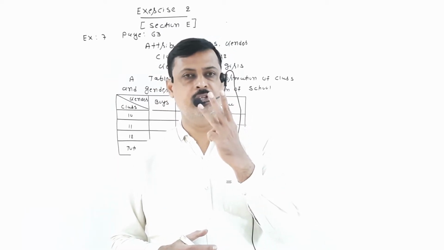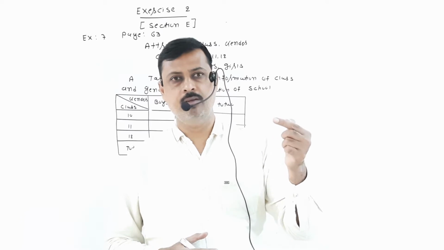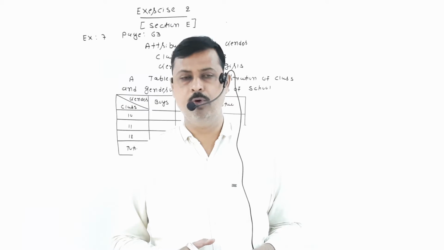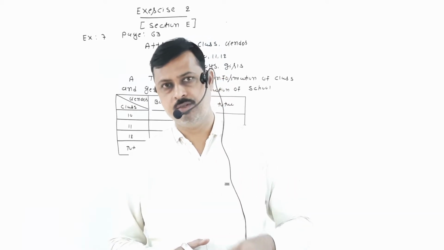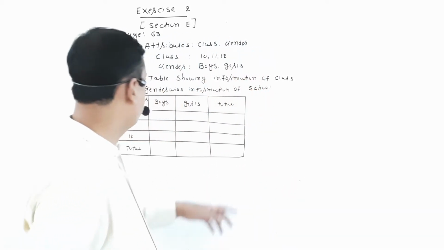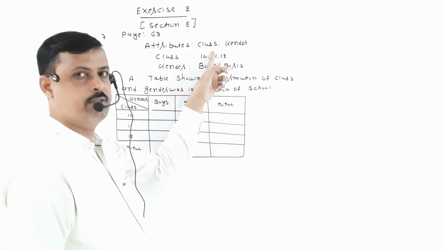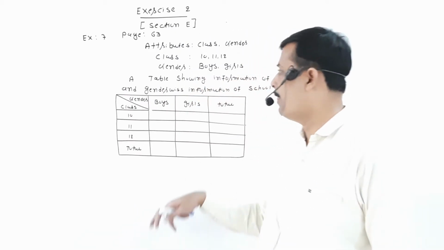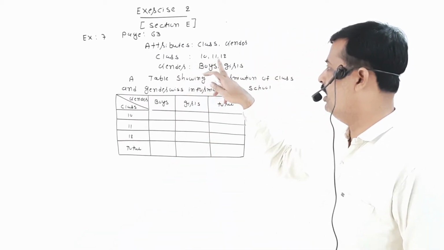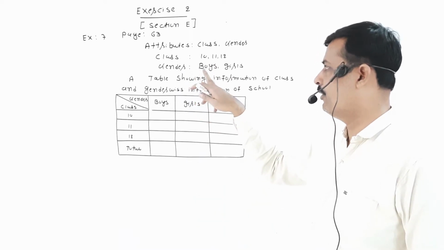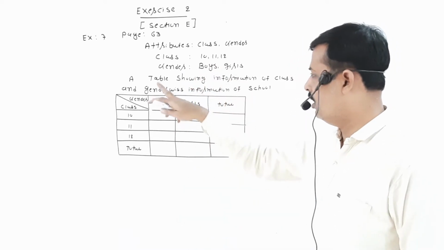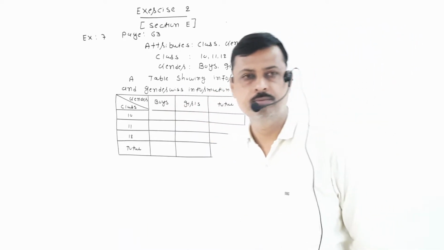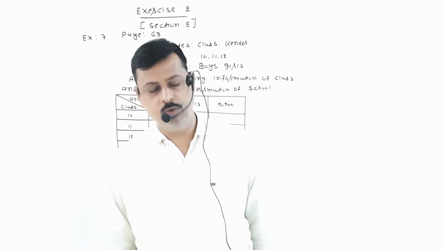Here 3 classes are given: standard 10, 11 and 12. And gender wise we have two: boys and girls. So the attributes are class and gender. A table showing class and gender wise information of a higher secondary school.